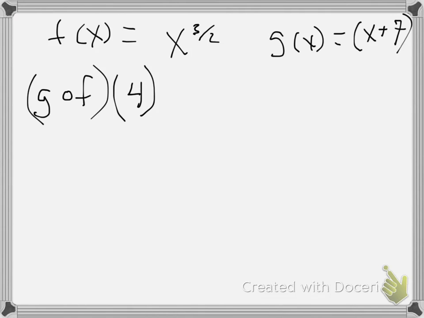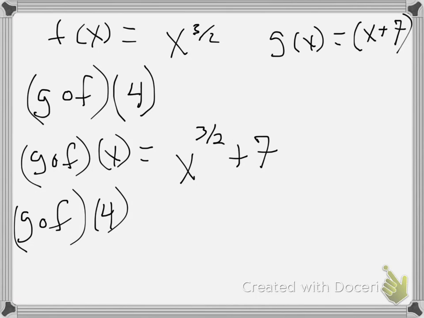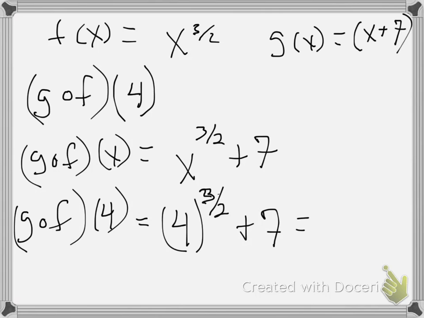Okay. Well, the first thing we do is we find g of f of x. And we see that that is going to become x to the 3/2 plus 7. So then g of f of 4 is going to equal 4 to the 3/2 power plus 7. Well, square root of 4 is 2, cubed is 8 plus 7, and that is 15.